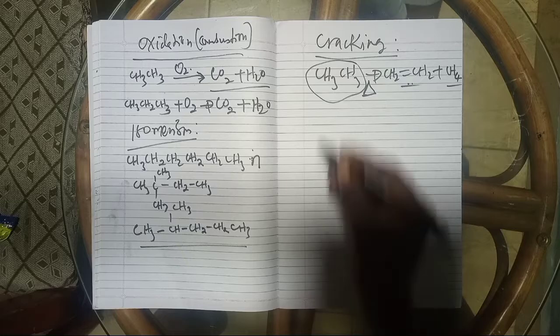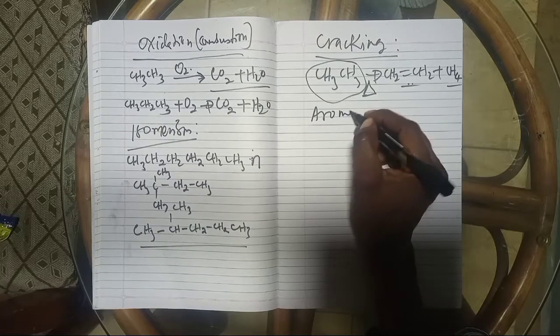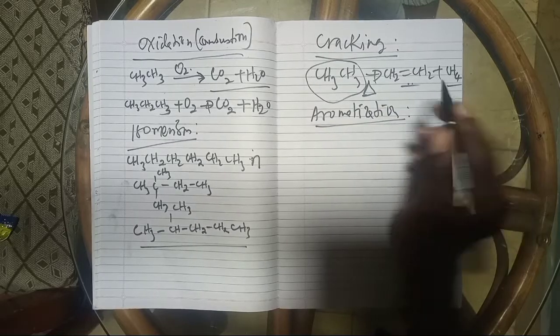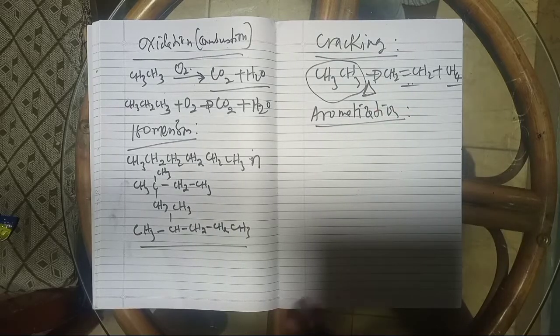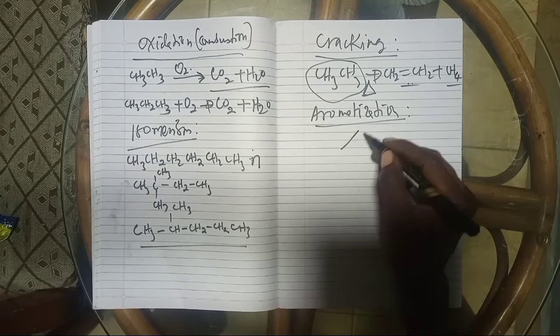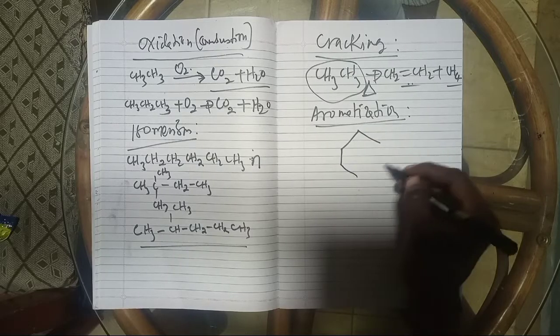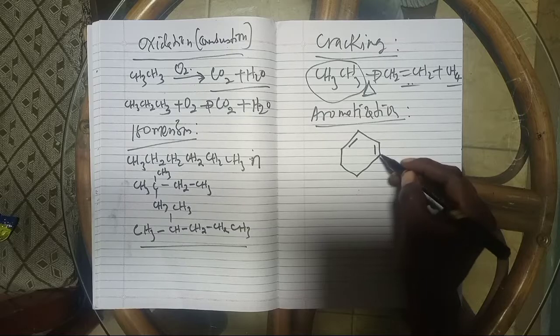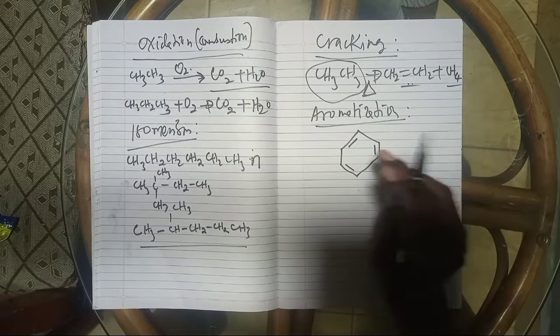Nyingine tunaita aromatization. Aromatization means alkanes can be converted to benzene. So can be converted to benzene structure.